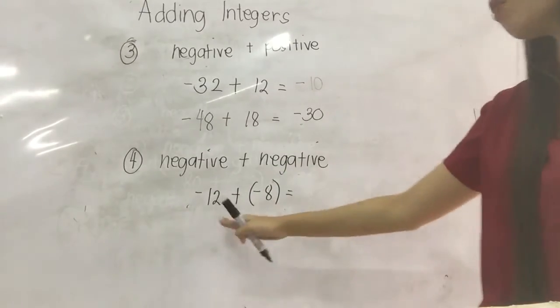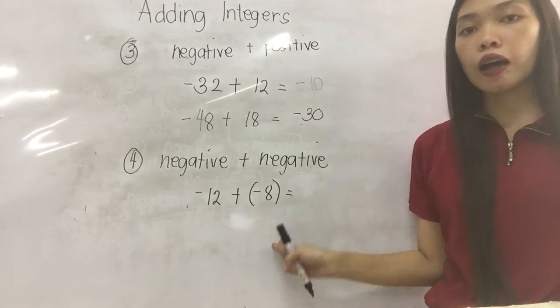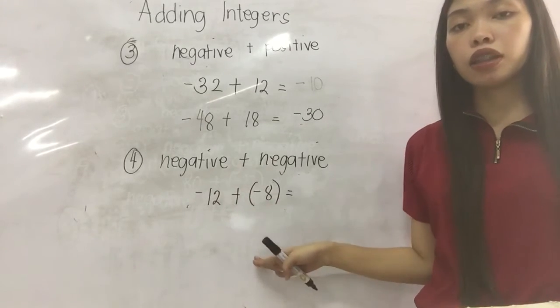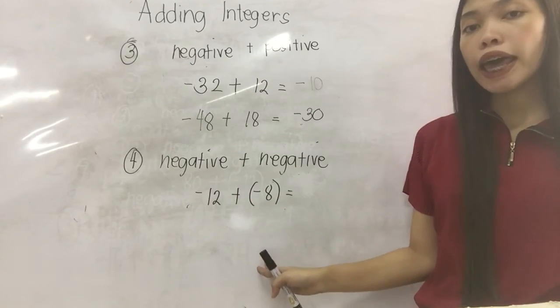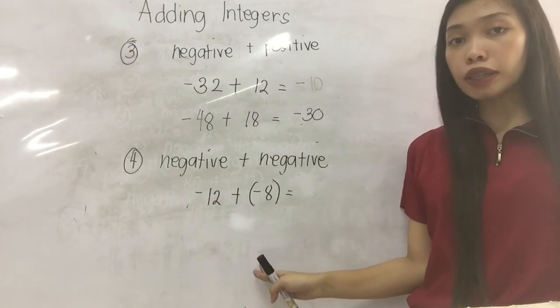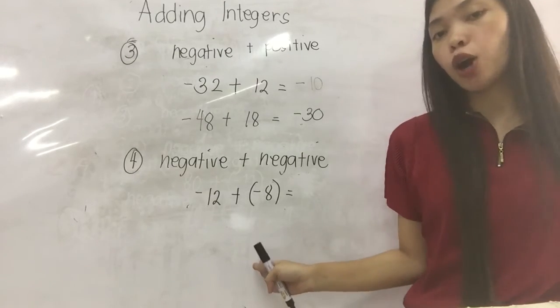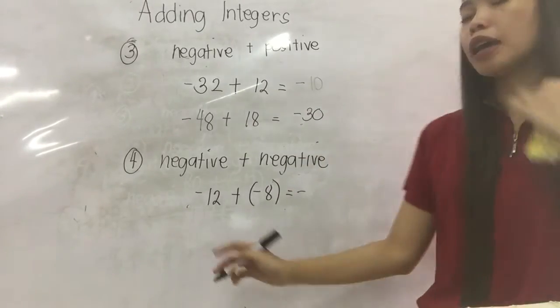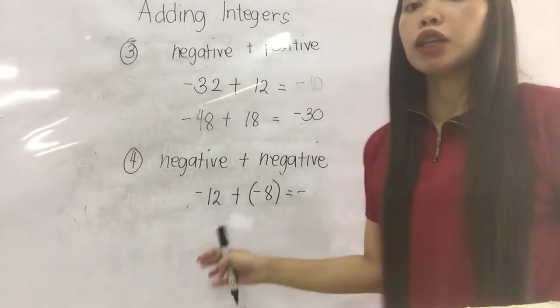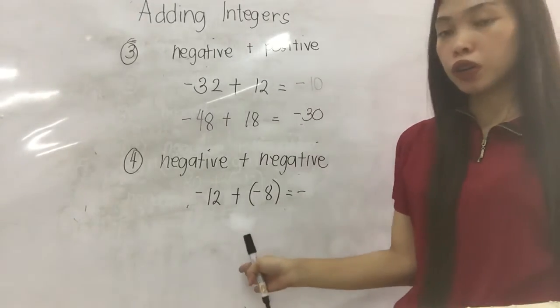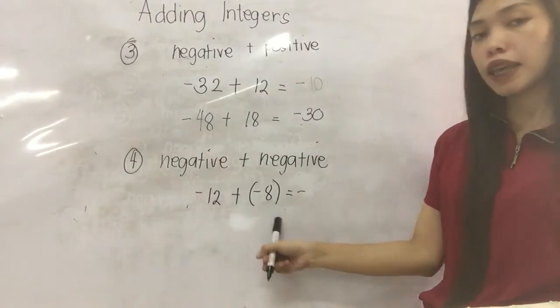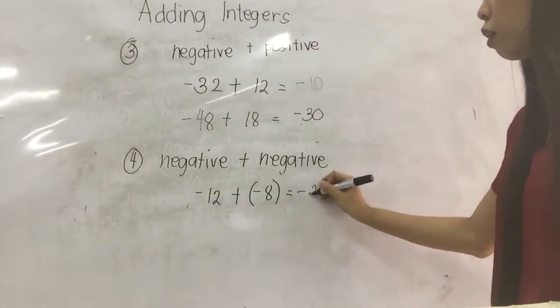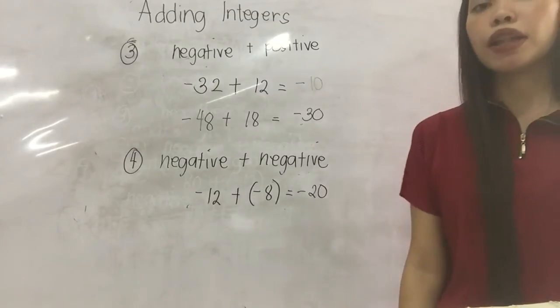They are both negative integers. So what we are going to do is copy the common sign. What is the common sign? The common sign is negative. So we copy it, and then proceed to addition. We have 12 plus 8, that is 20. So your answer is negative 20.